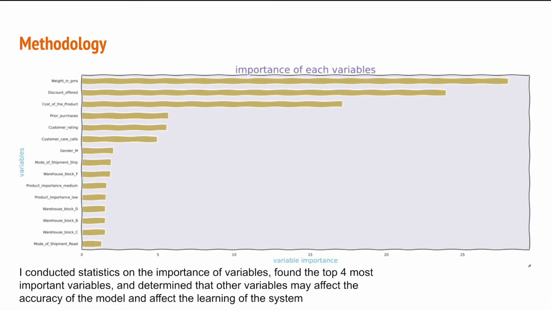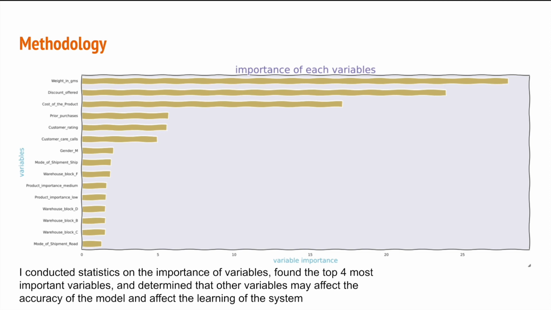And next I conducted statistics on the important variables and found the top four variables and determinants that may affect the accuracy of the model and affect the learning of the system. We want to see which variables affect delivering on time.